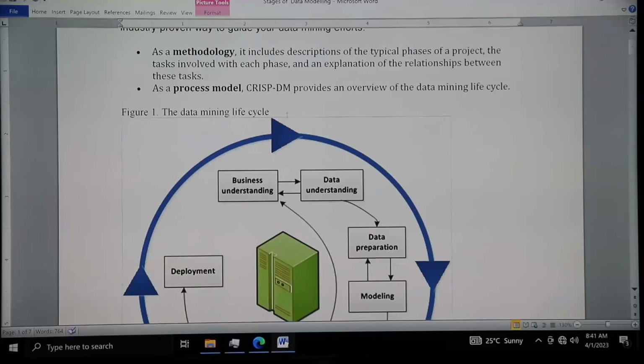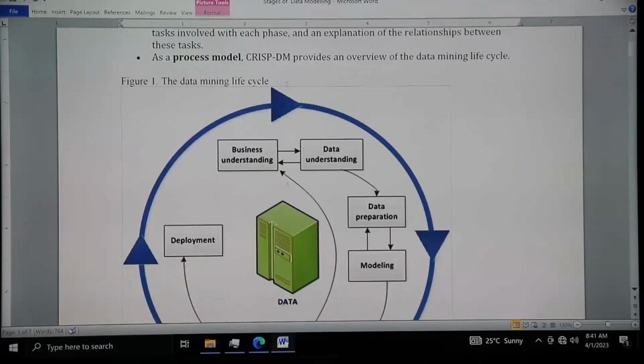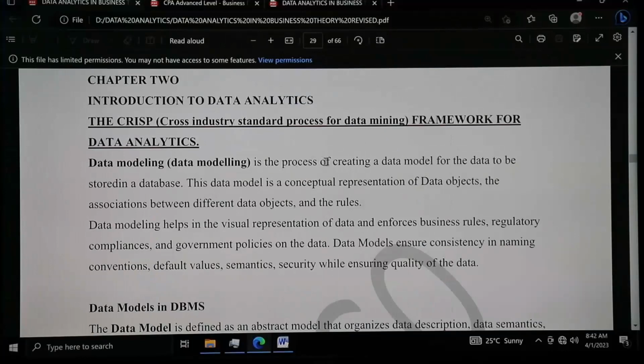So in the entire cycle, what we are supposed to discuss in our case is data modeling. That is, after you understand the business, you understand the data, then you prepare the data through data modeling. So the process of data modeling simply means the process of creating a data model for data to be stored in a database.